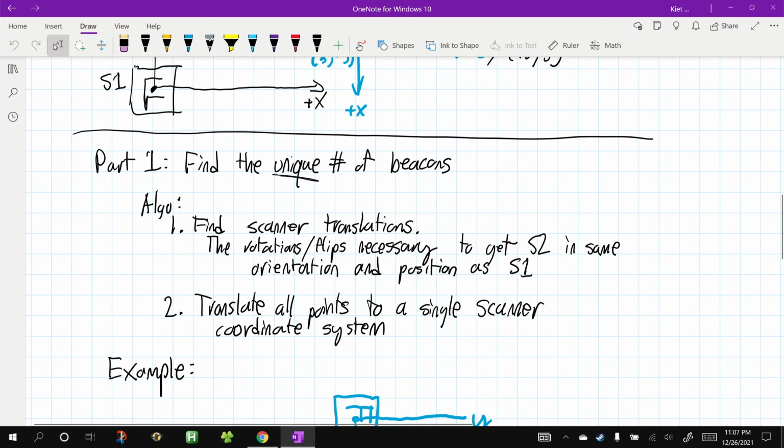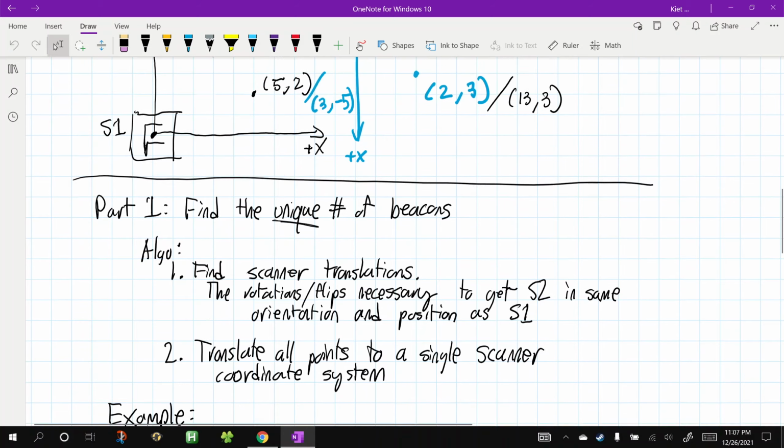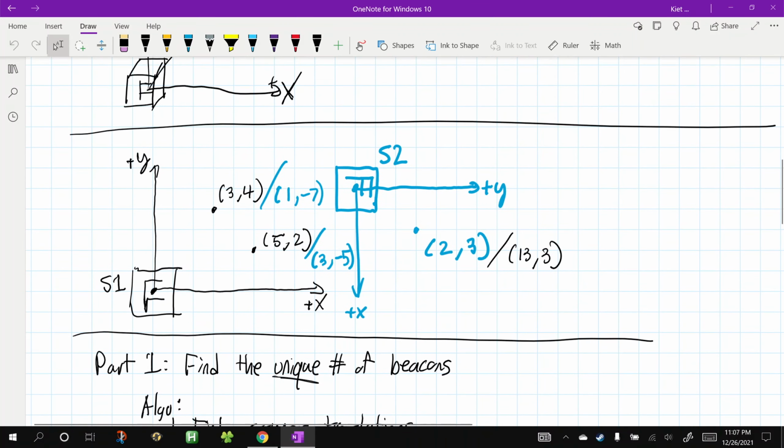Then, second, we translate all the points to a single scanner coordinate system. From that, we can find all of the unique points, and that is really easy to do. We just use a set, and we store all of the points that we translated into a single coordinate system in that set, and all of the points there will be the unique points because they are all translated into just one coordinate system.